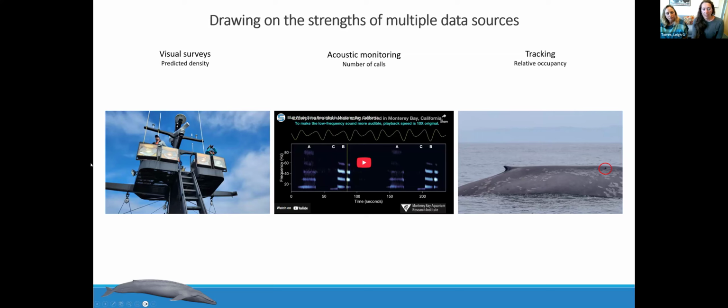So not only do we have the density maps from the visual surveys that we've just shown, we also can get movement and occupancy information from tracked individuals. Here is a little tag on the back of that blue whale. And Leigh mentioned the deployment of hydrophones, which listen for all sorts of vocalizations, including blue whales, which sound like this.